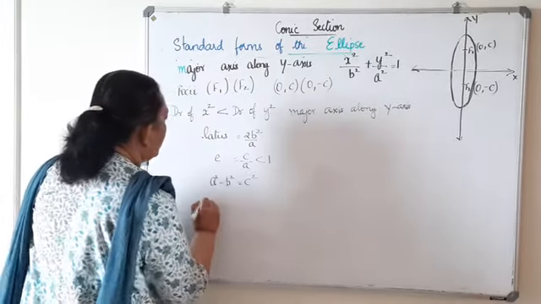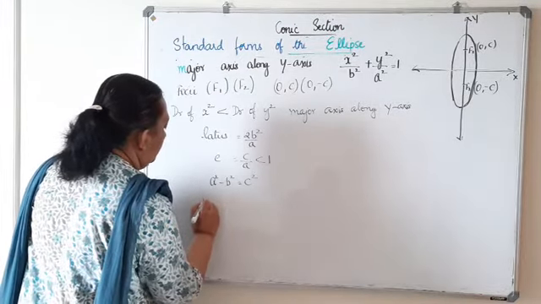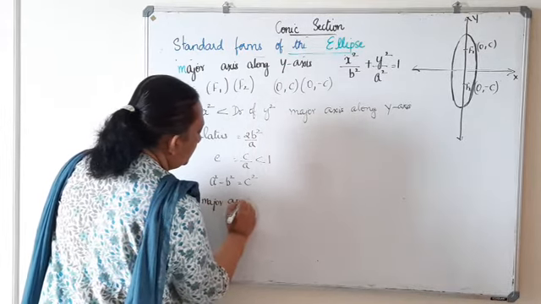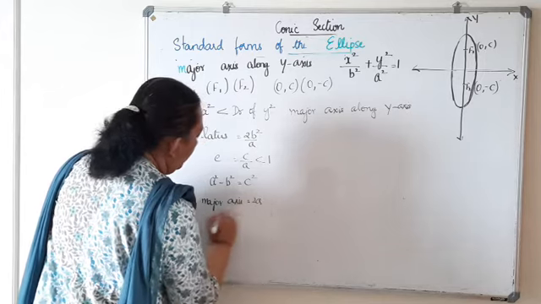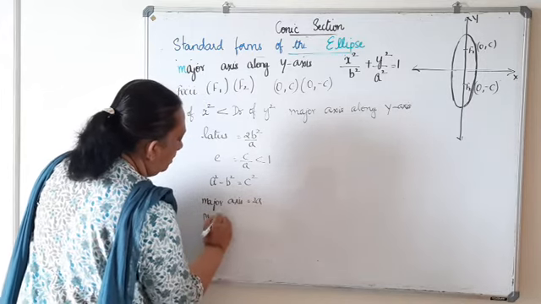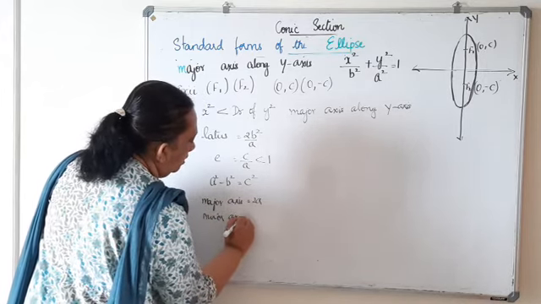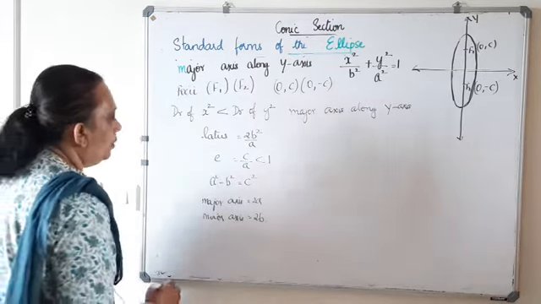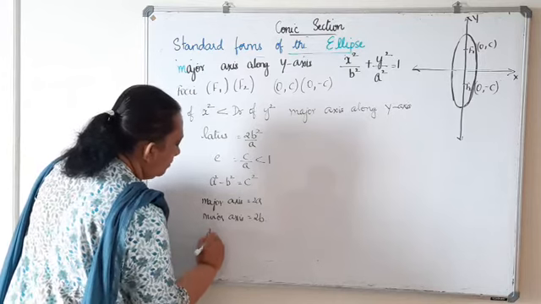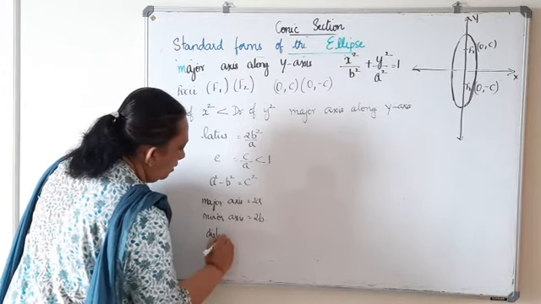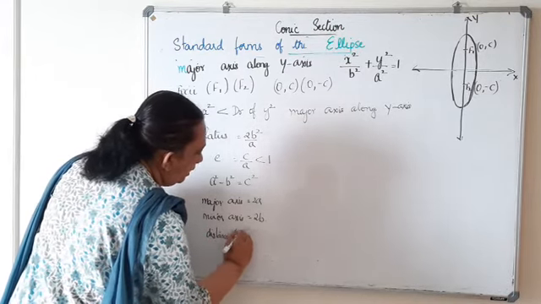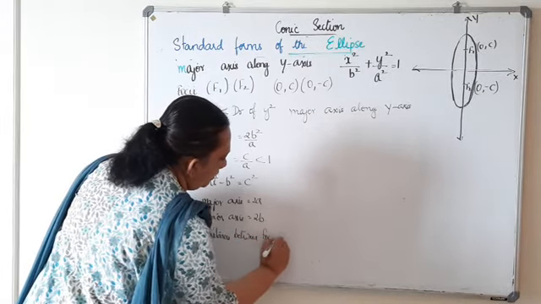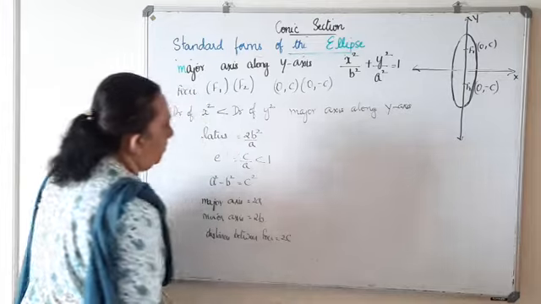Length of major axis 2a. Length of minor axis equal to 2b. Distance between the foci 2c.